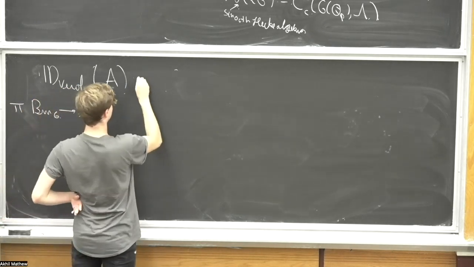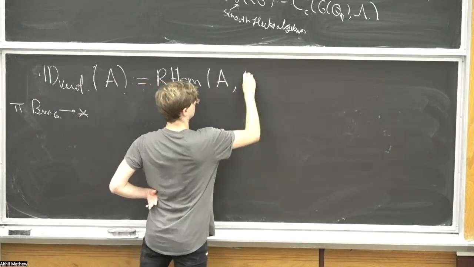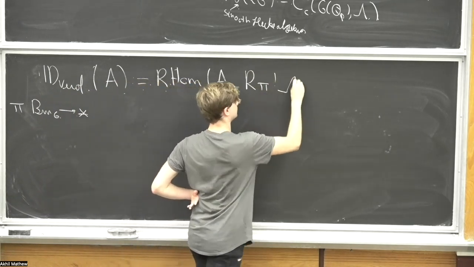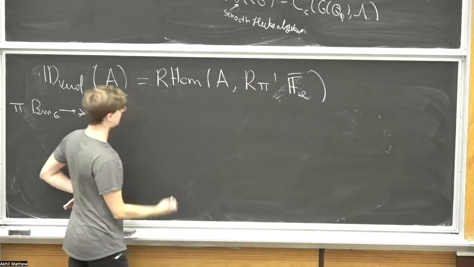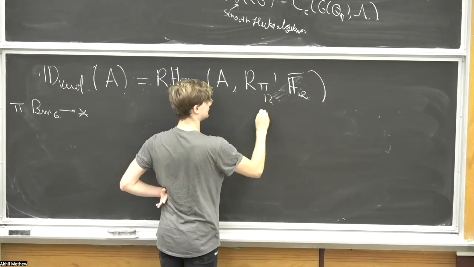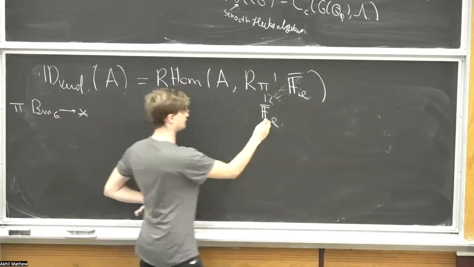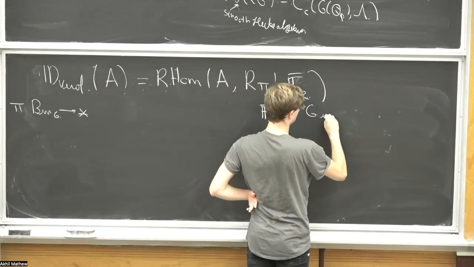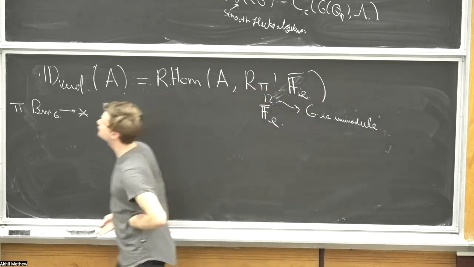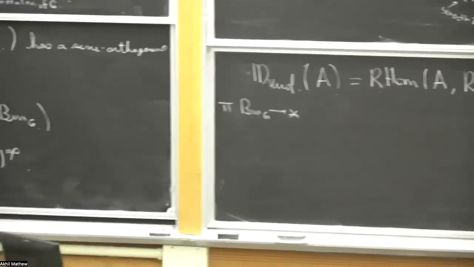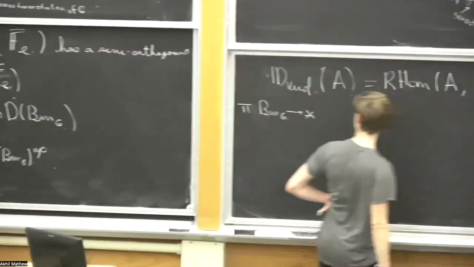This will send an object A to its Verdier dual, which is the upper-star of the dualizing complex. It actually turns out that the dualizing complex on this is just isomorphic to Λ-bar again. This is an incarnation of the fact that the group G is unimodular. In particular, the module of Haar measures is going to show up in the dualizing complexes of these classifying stacks, and this relationship will persist over all of Bun_G.